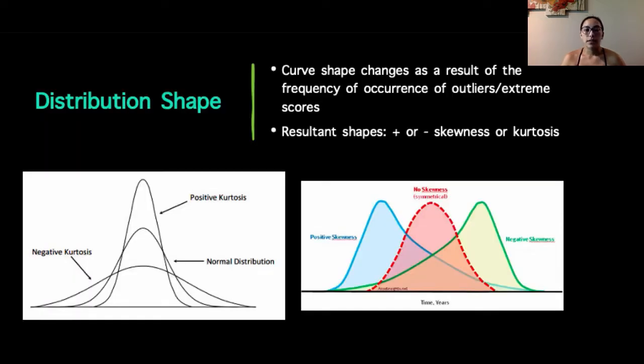When we talk about distribution shape, we're going to be making some frequency distributions next week. But generally how we make a frequency distribution is we say, what are all of the possible values that could be assumed by our measured outcome, so your dependent variable, and then you count how many times that value has occurred.